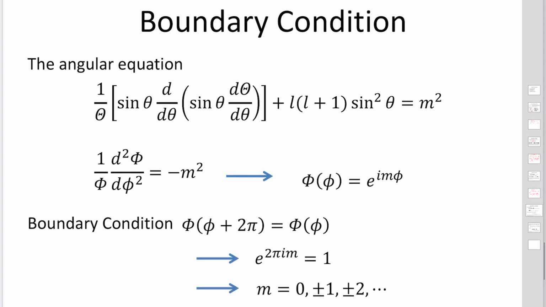So, boundary conditions. From the angular equation, we have these two equations. We'd like to solve these equations. In this lecture, we only consider these equations. By solving this equation, it becomes Phi's exponential, i m phi.